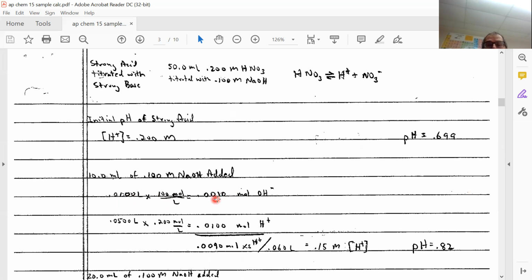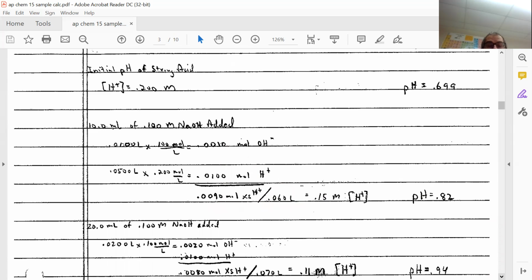I get 0.0010 moles of OH minus, and I take my acid, which is 0.050 liters, times 0.200 moles per liter, and I get 0.0100. I subtract, and I find 0.0090 moles excess H plus. I divide that by the total liters, the 50 original and the 10 I added, and I get H plus is 0.15, and it still is highly acidic at 0.82.